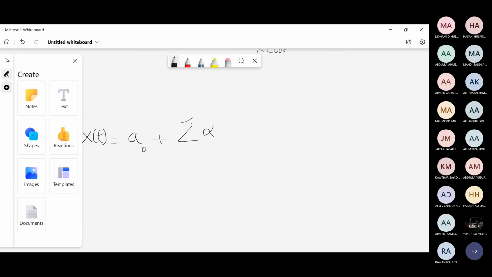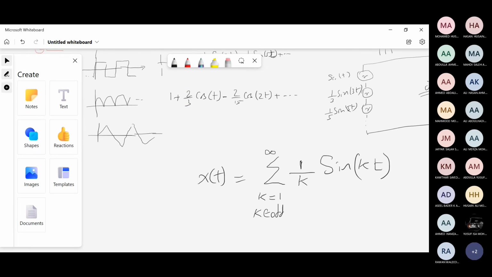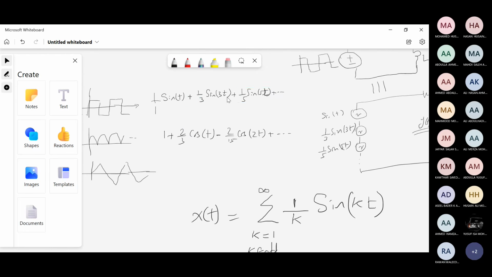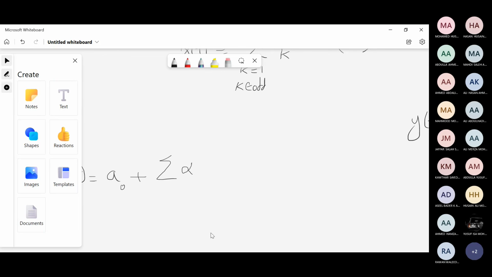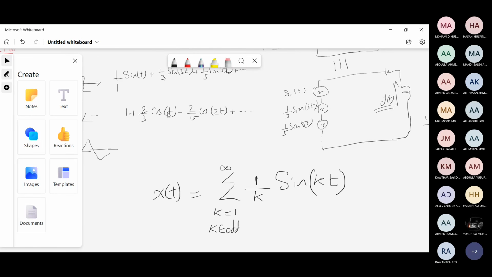So it is alpha, some constant, because here you notice it is 2/3, then 2/5. So we have many similar numbers here, 1/3, 1/5. So in general, let me put it as alpha k cosine k omega naught t. Okay, because this is changing the frequency, or omega.